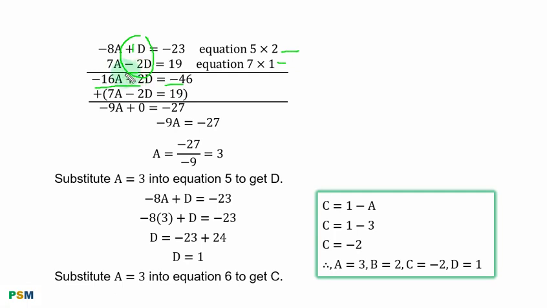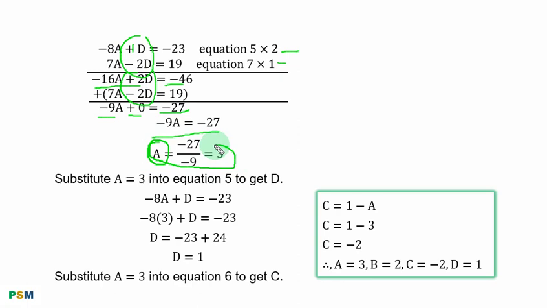The coefficients are not the same. I need to add because the signs are opposite in both equations. So if you add, you have minus 16a plus 7a, that is minus 9a, plus 2d minus 2d equal to 0, and minus 46 plus 19 is minus 27. To get a, divide both sides by minus 9.